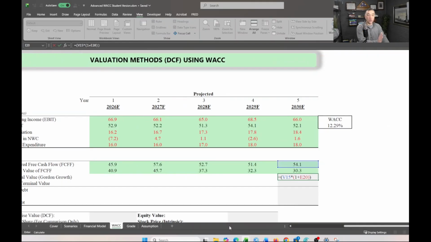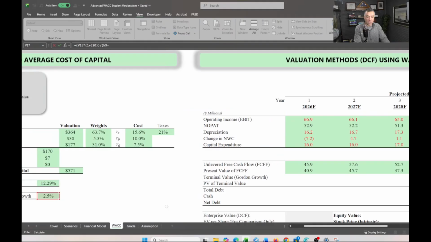So what is this? This is the projected cash flow in year 6 if it grows at 2.5%. That's what I want. And then I'm going to divide it by the perpetuity equation, the required return, which is WACC, minus the constant growth of 2.5. I'm going to close it up.